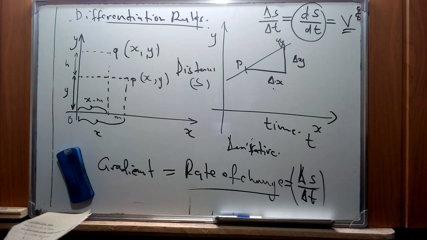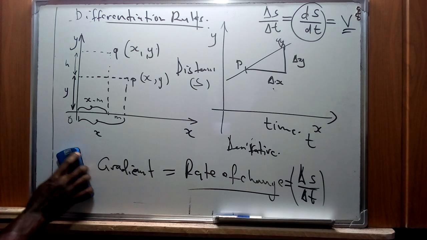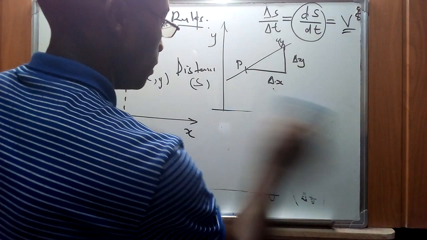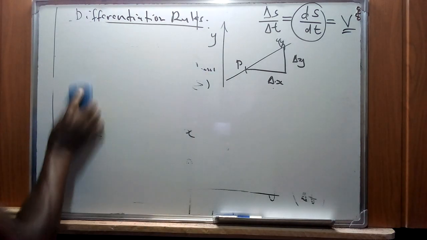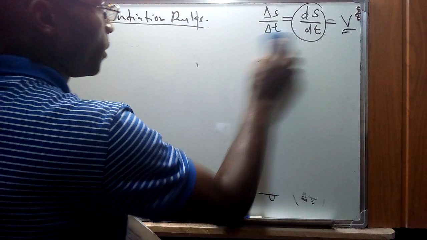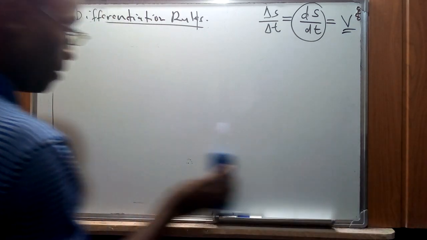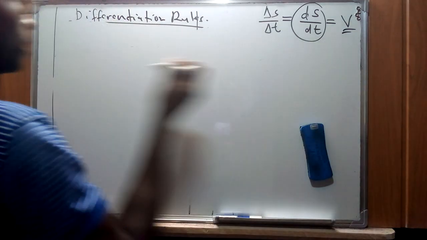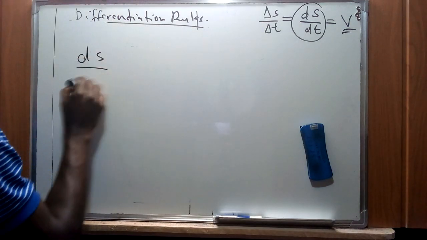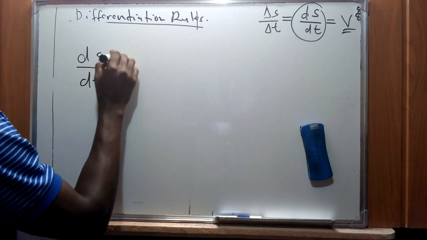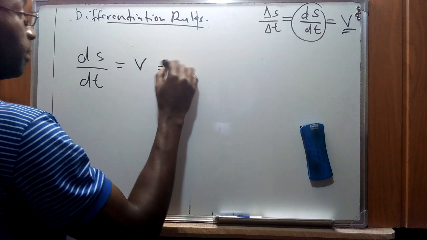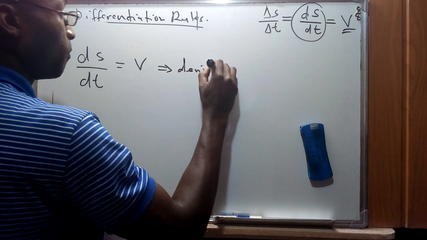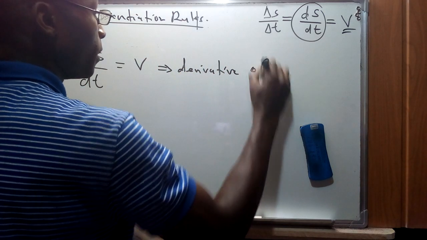So therefore, if we try to look at these specific rules which are being regarded as the differentiation rules, we're going to see a particular relationship in that I can refer to ds over dt as v, which is a derivative of s.